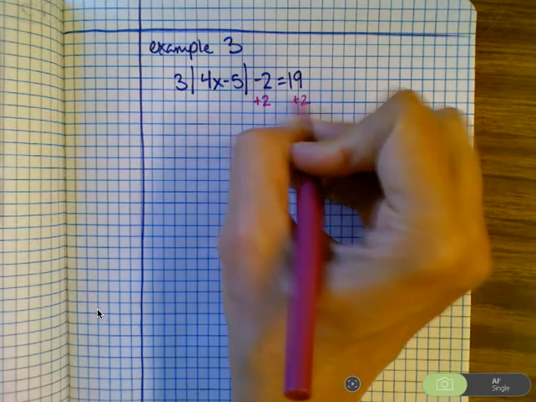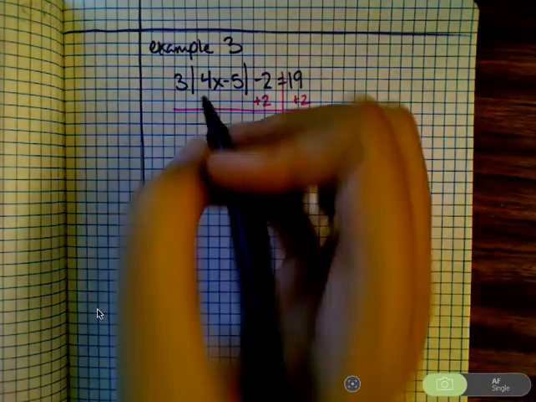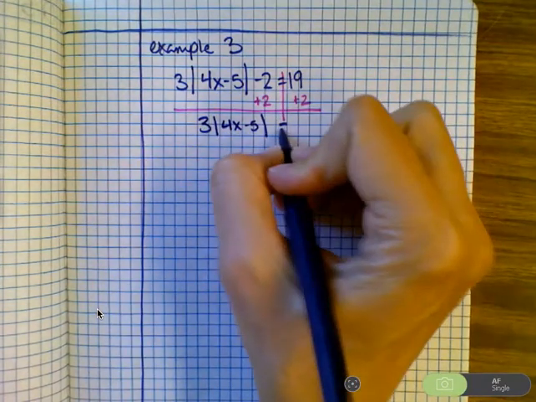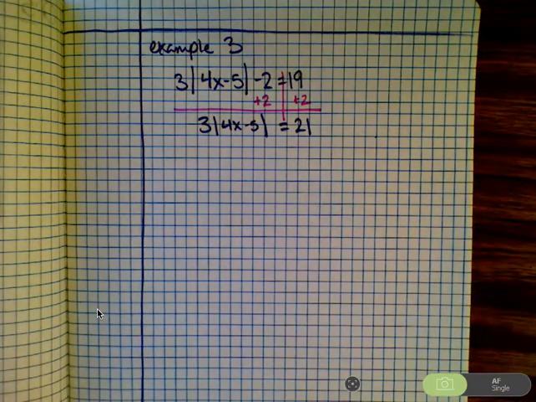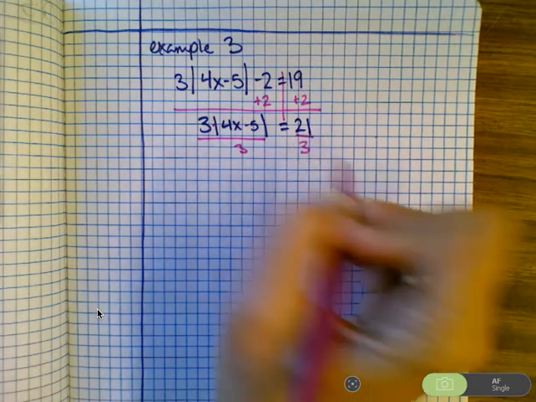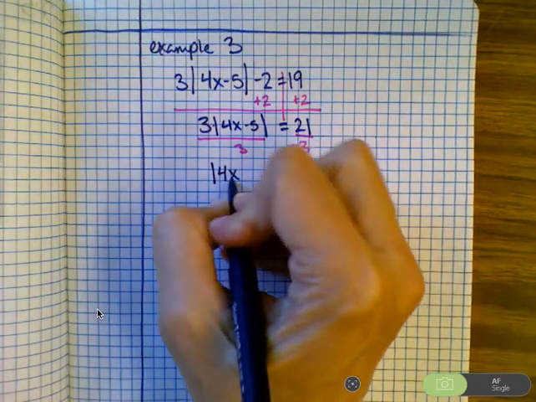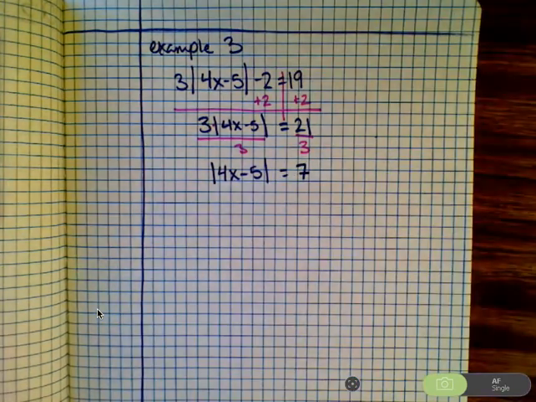Getting rid of the stuff on the outside looks something like this. That's 3 times, so I'll divide. And I get the absolute value of 4x minus 5 equals 7.